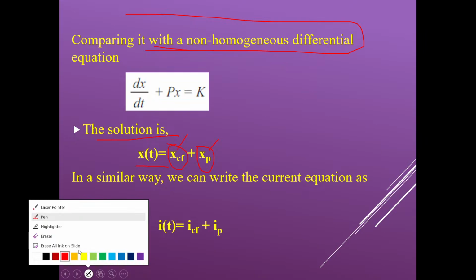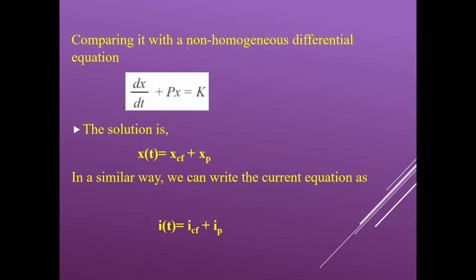The solution of this non-homogeneous differential equation will have two parts. One is the complementary part, the other is the particular part, or one is the transient part and the other is the steady state part. Compare equation 1 with this equation.